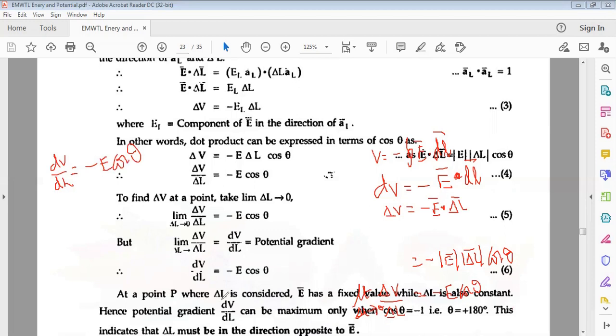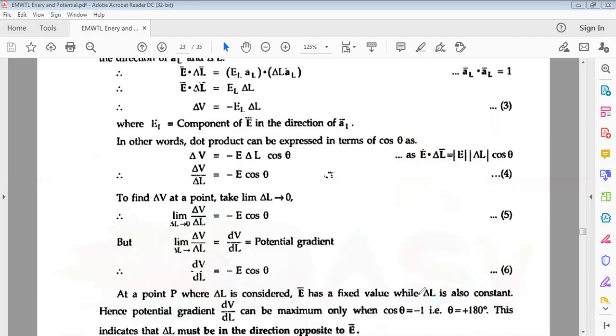At the point P where the delta L is considered, E bar has a fixed value while delta L is also constant. Hence, the potential gradient dV by dL can be maximum only when cos theta is equal to minus 1. Got it, my dear students?